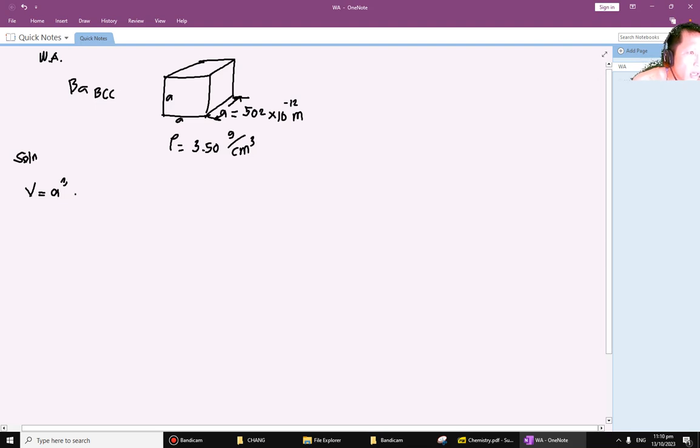Calculate the volume, which for a cube is in centimeters. So you have 502 times 10 to the negative 12 meter, and this should be cubed because this is A. For us to make it simpler, of course, I would not be restricting you if you have another solution, but it will be similar. So I'll just take a negative 2 from here because it says that you have to calculate it in centimeters.